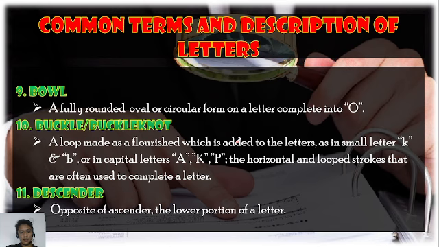Tignan po natin yung buckle nut. It is common also in cursive handwriting. Katulad po ng binanggit, letter K. To form a letter K, mapapansin po natin, it's like we have here a buckle, a buckle nut, that is forming.